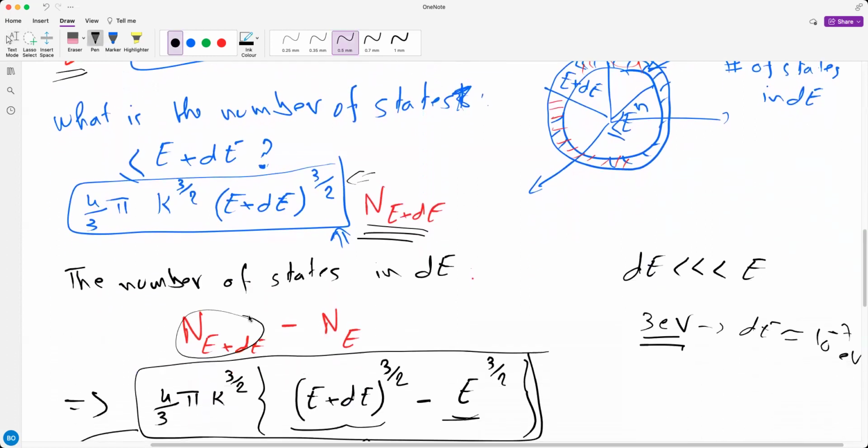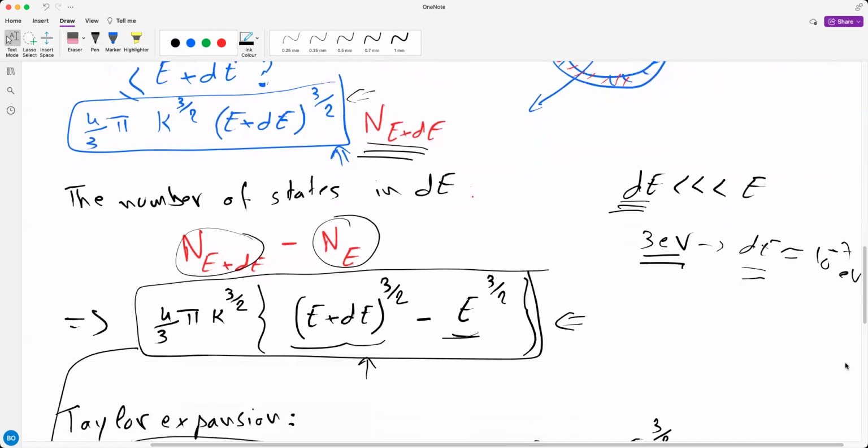So this one minus this one, which gives me this one. I want to simplify this, and I know that the energy layer that I'm looking at is very, very small compared to E. This we have already calculated. For example, for 3 electron volt, we have seen that it is 10 to the minus 7. So I can use the Taylor expansion.